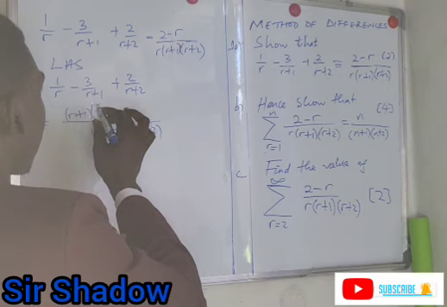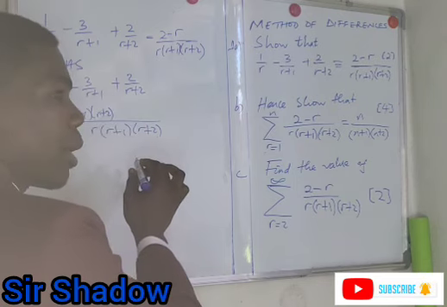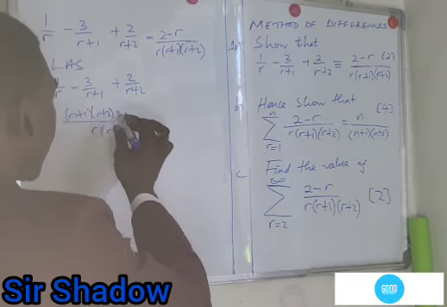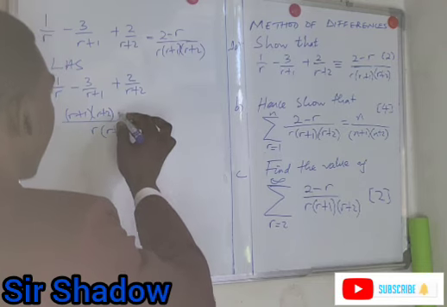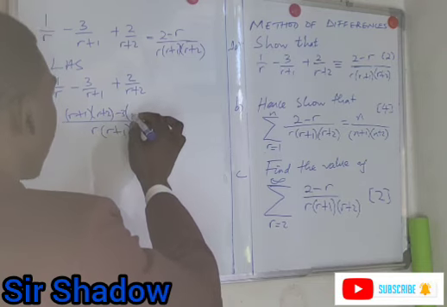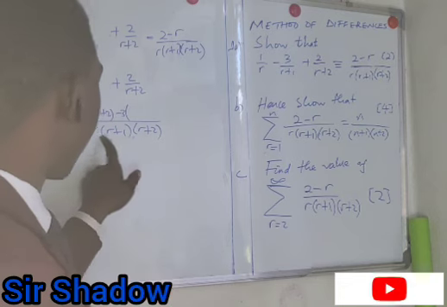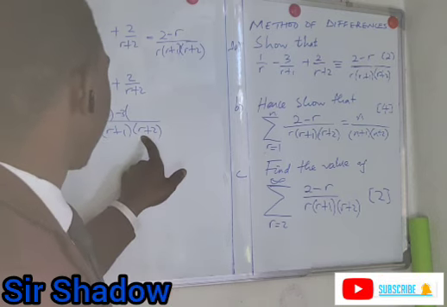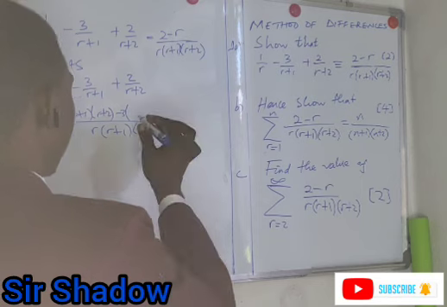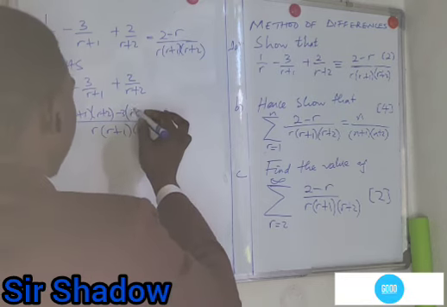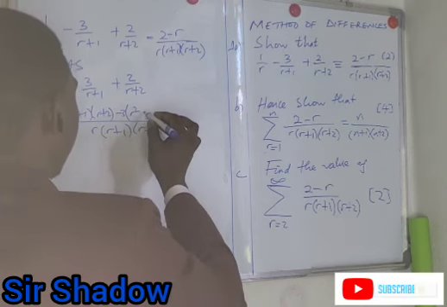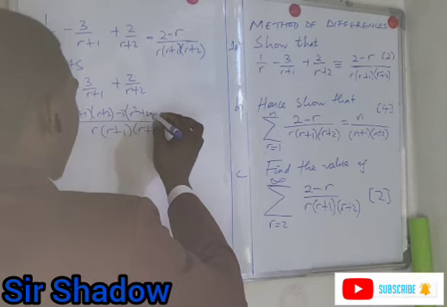Then r plus 1 into r open bracket r plus 1, r plus 2: you cancel r plus 1 and are left with minus 3 multiplying r multiplied by r plus 2, which is r squared plus 2r.